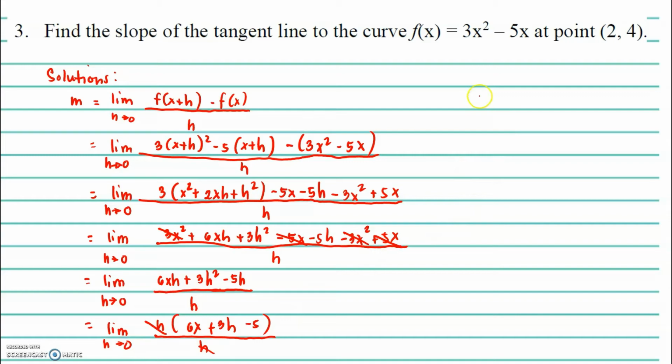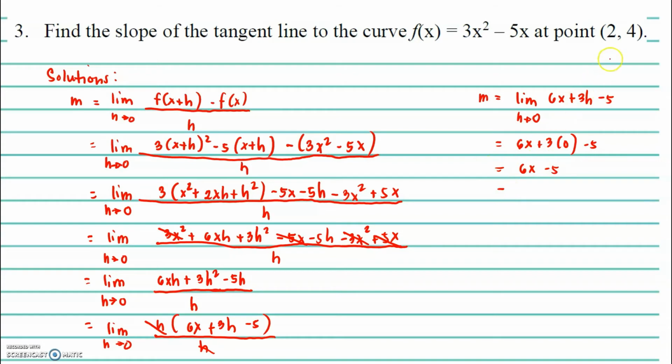So we are left with the limit of 6x plus 3h minus 5 as h approaches 0. For the limit by substitution method, we have 6x plus 3 times 0 minus 5. So you have here 6x minus 5.